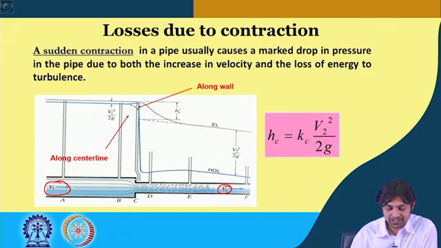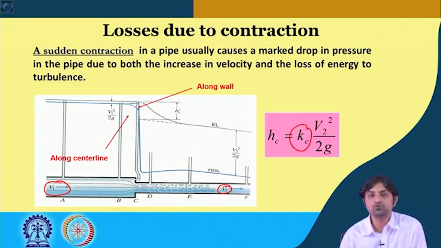So for a contraction, the minor head loss will be Kc, which we don't know yet, into V2 square by 2g, not V1. The V2 you should be able to find using the continuity equation, and Kc you can either derive, or in many general scenarios it is given.